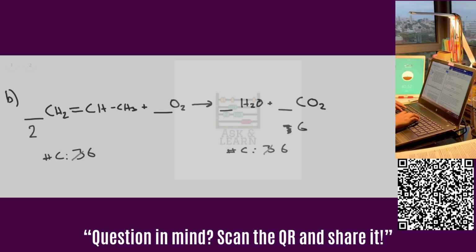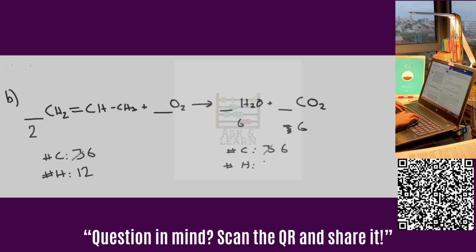Then we can calculate the number of hydrogens, which is 6 times 2, or 12. To have 12 hydrogens, we need 6 water molecules.